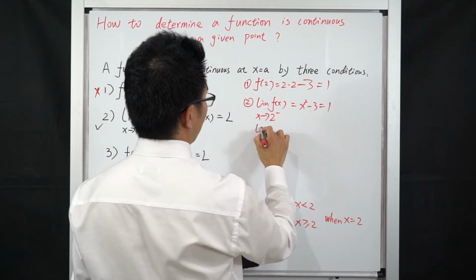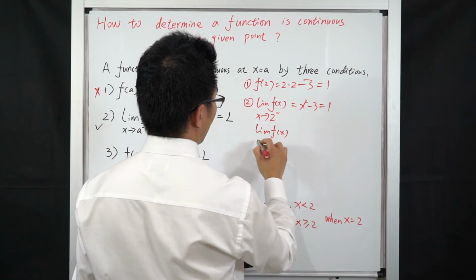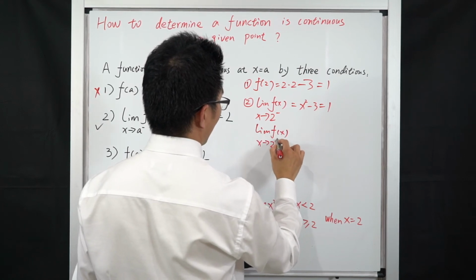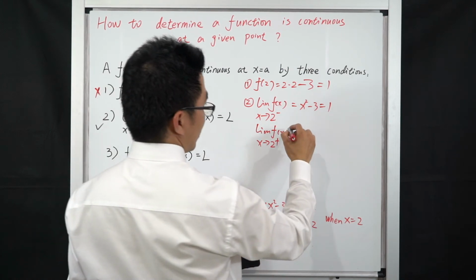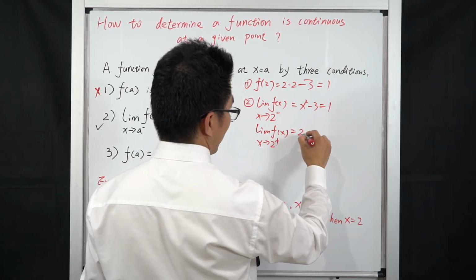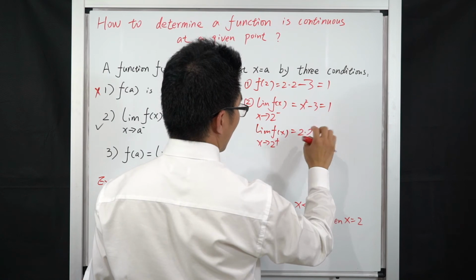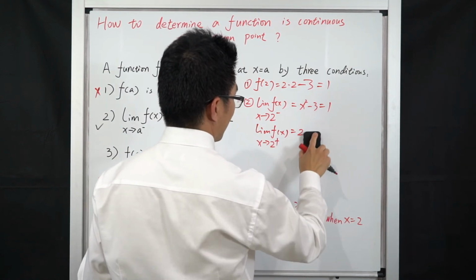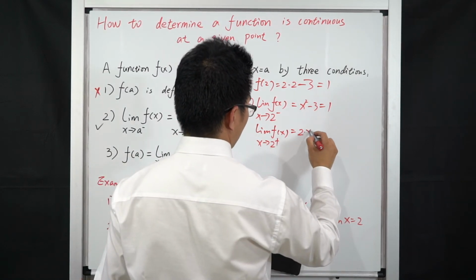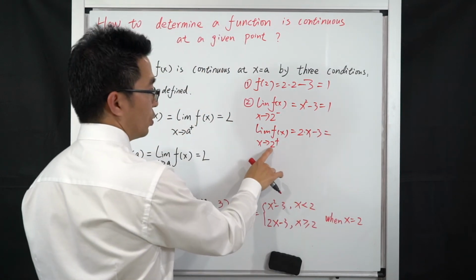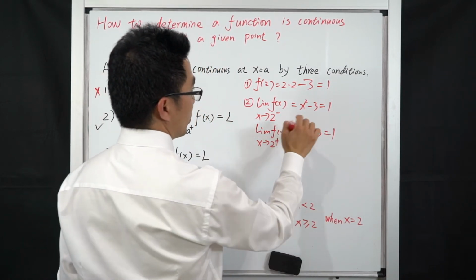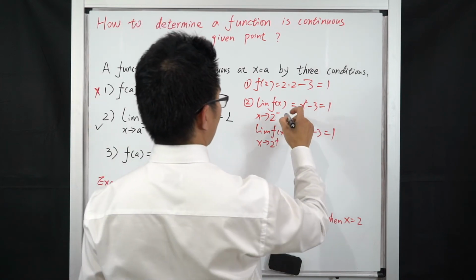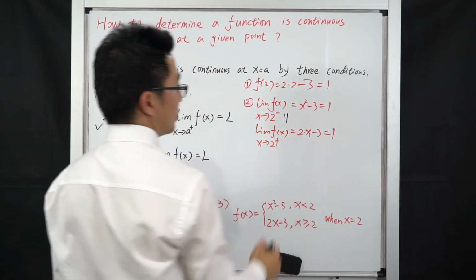The limit of the function when x approaches 2 from the positive side is choosing this one, 2 times x minus 3. So 2 times 2 would be 4, and 4 minus 3 is 1. So they are equal, right? These two are equal.